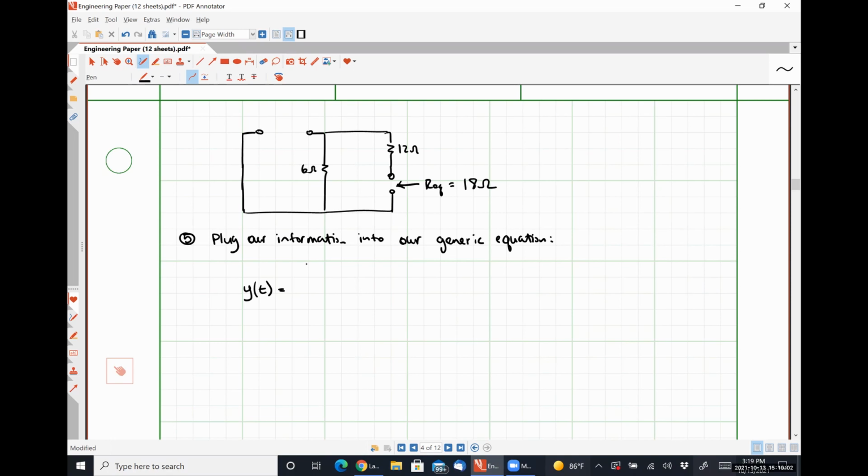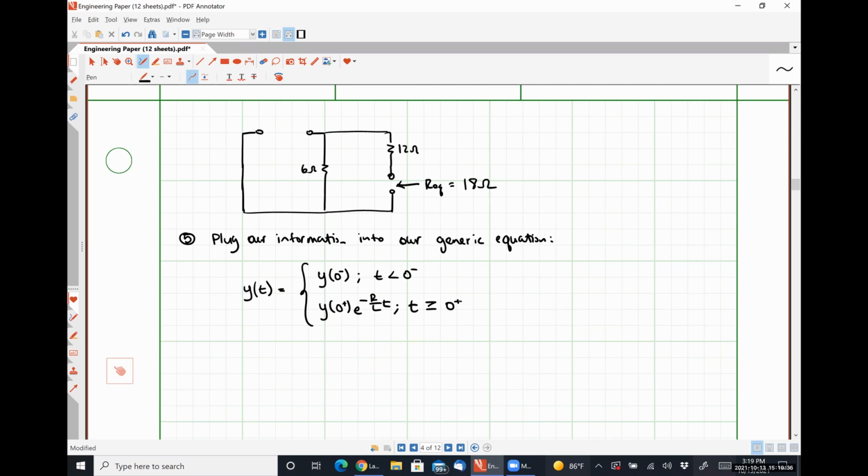There's going to be a piecewise function. It's going to be y at t is equal to 0 minus for all t less than 0 minus. And it's going to be y at t is equal to 0 plus times e to the negative R over L t for t greater than or equal to 0 plus, right?